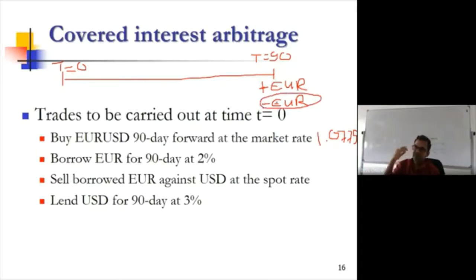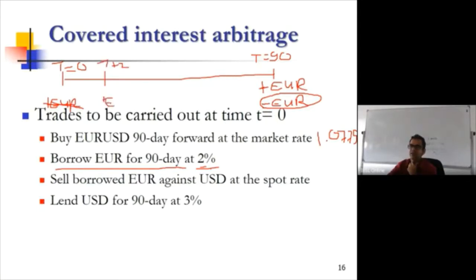The simple way, you borrow euro for a 90-day period. So then on this date, you have to pay that amount. You borrow euro for a 90-day period at the given interest rate of 2%. So when you borrow euro, you have a plus euro position here, in the T plus 2 spot market.